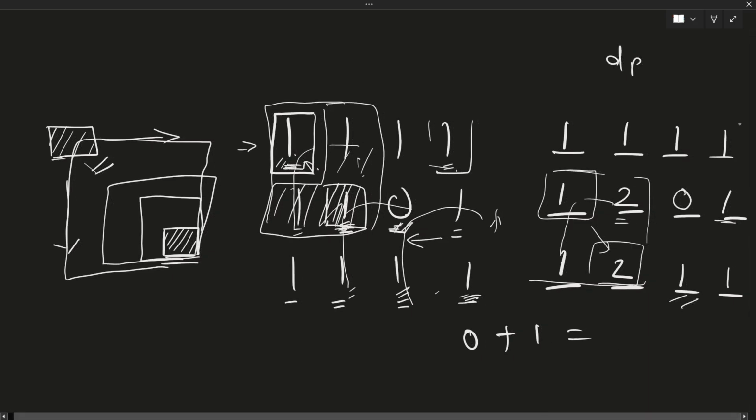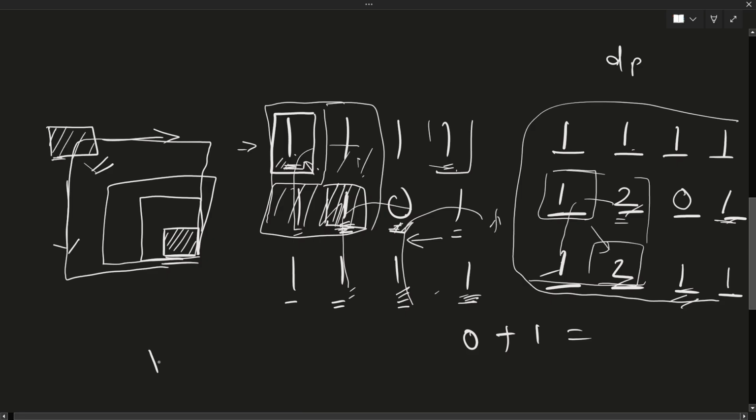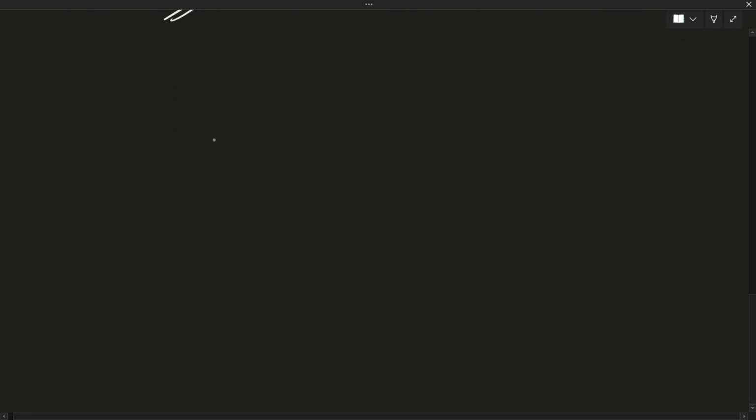Okay, so the total number of squares which can be formed is the summation of all these values, which is 1 plus 1 plus 1 plus 1, which is 4, plus 1 is 5, 6, 7, 8, 9, 10, 11, 12, 13. So we can form 13 squares, and let's try to verify this. We were having our example as 1 1 1 1 1 1 0 1 1 1 1 1.